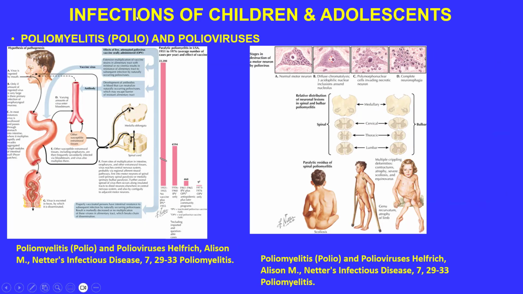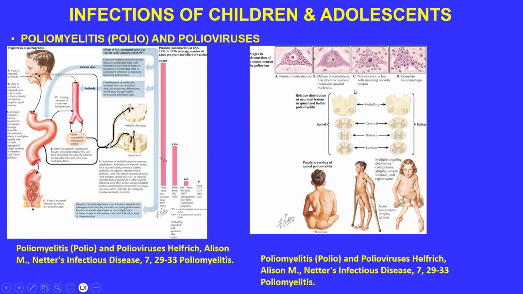And what you see here is the routes by which this is occurring. You have it through the mouth, and it will reproduce in the gut. It will then get transported over, following along to the spinal cord, where it will disable the motor neurons and begin to travel upwards toward the brain.